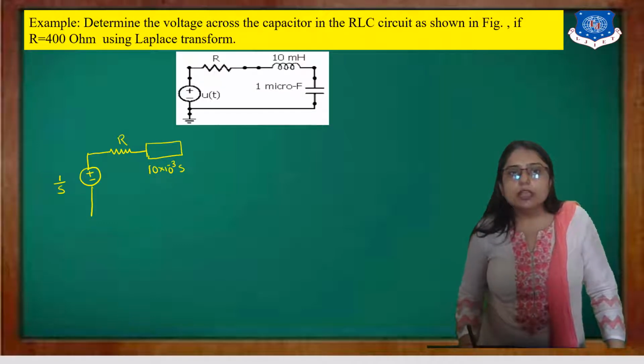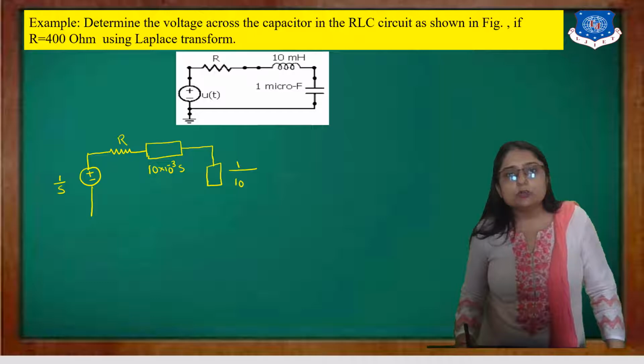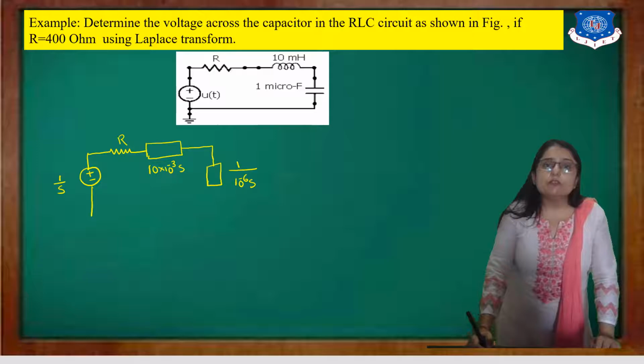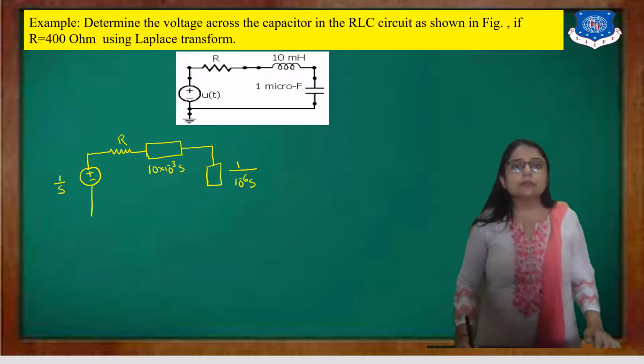And the capacitor is 1 by Cs, that is 1 into 10 raised to minus 6, because the value of the capacitor is 1 microfarad.